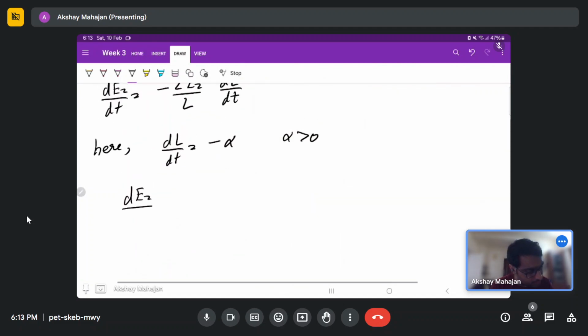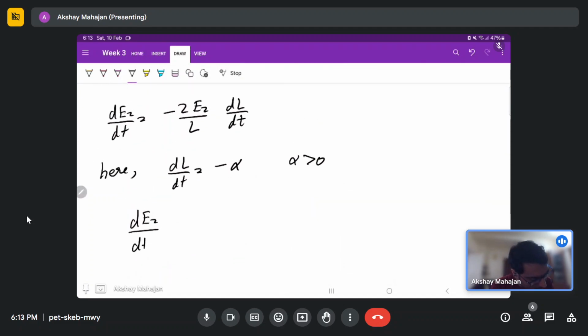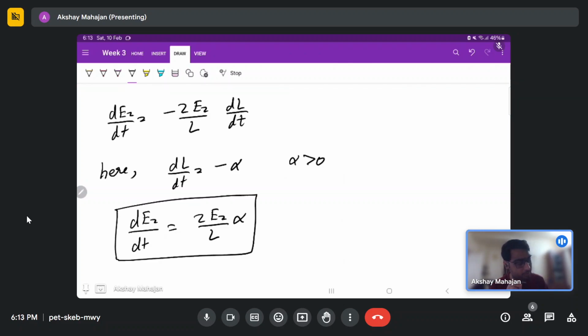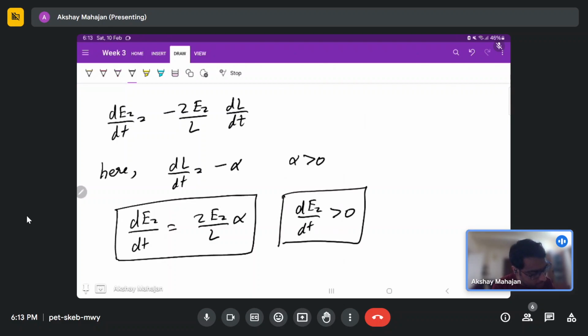So dE2/dt will be equal to, if I take minus alpha, 2E2 by L times alpha. Alright. So here we can see that dE2/dt is greater than 0. What we have basically derived here is that when we are decreasing the value of L, this is how our first excited state energy will change with the rate of change of L. Since we are decreasing L, our energy values will start to increase.